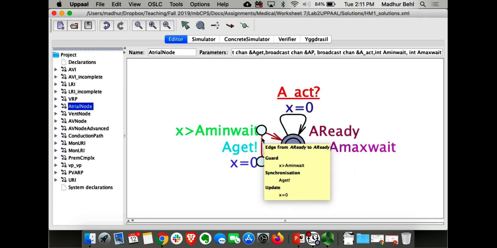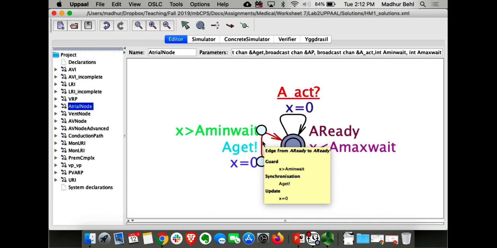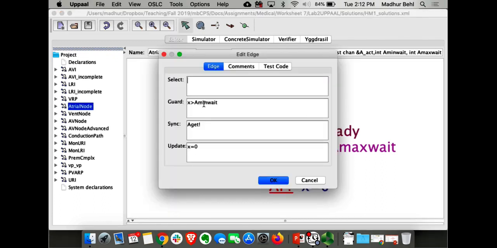So let's look at this transition where you have a guard condition, a synchronization, and an update. If I double click on this red transition, we have a guard that x must be greater than some minimum value. When that is satisfied, you can issue a synchronization message called aget. You can think of aget as like asense.